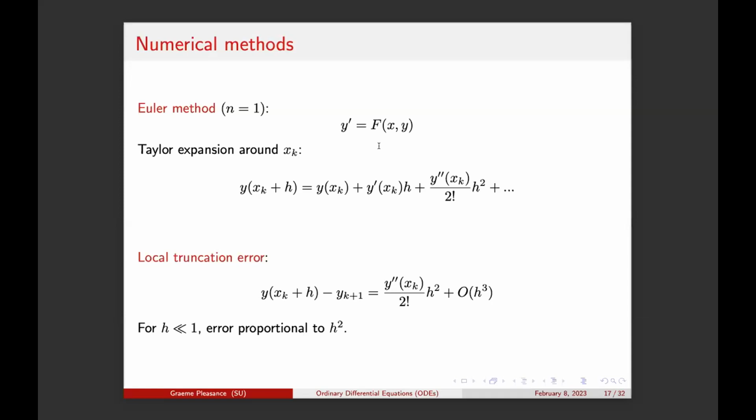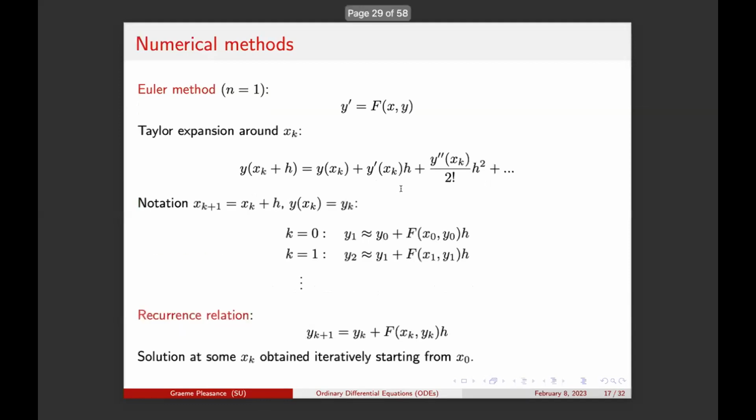Well, first specifying some X interval, and then breaking up this X interval into multiple sub-intervals, which are separated by some step size H. And then what we do is we expand the solution at each of these steps using its Taylor expansion, and then truncate this at first order. And then what we can do is build an iterative way of attaining the approximate solution to the ODE.